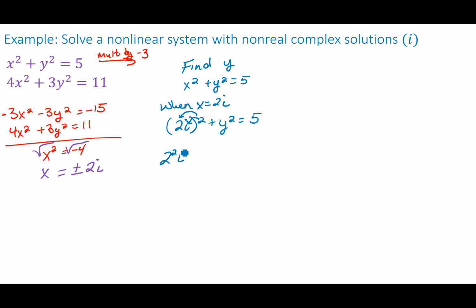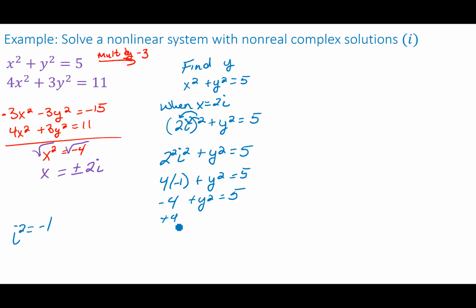So this is 2 squared, i squared, plus y squared equals 5. That i squared, remember, i squared is equal to -1. So this is 4 times -1 plus y squared equals 5. So -4 plus y squared is equal to 5. Add 4 to each side. Y squared would equal 9.